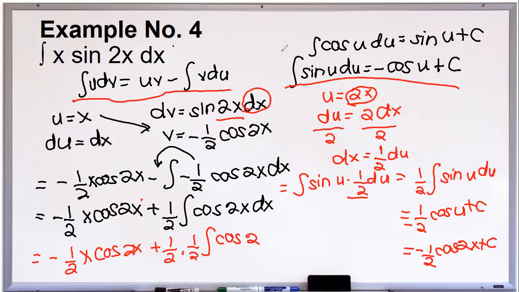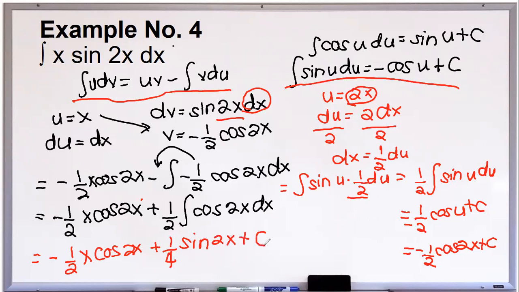Pero idiretso na natin. Ano ang integral of cosine of 2x? Cosine of u, sine of u. So 1/2 times 1/2, so magiging 1/4 sine of 2x.